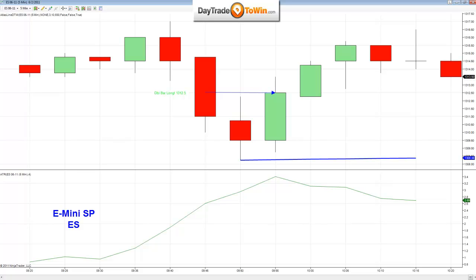I want you to think about it and say, well, the market's slow, each candle has an average of about a point. I can only expect to make a point off of this trade based on the most recent current market conditions. And so that's how I use the ATR to dictate my profit target as well as the stop.